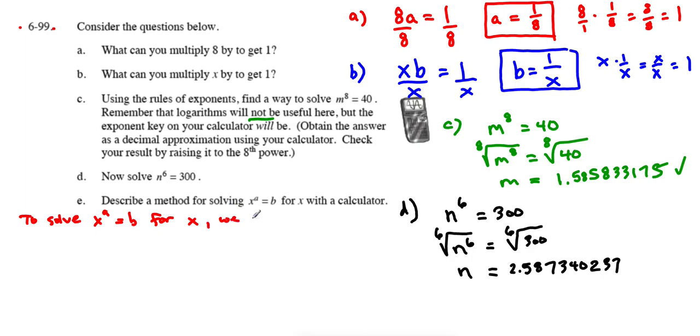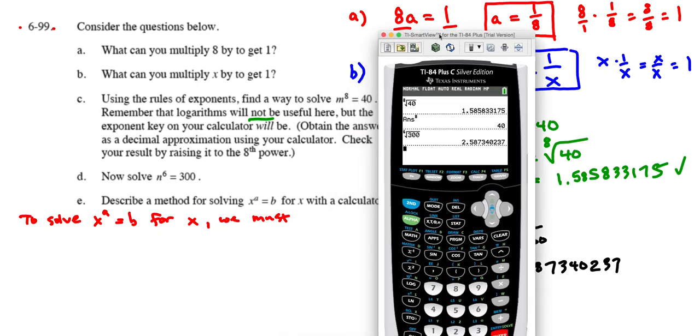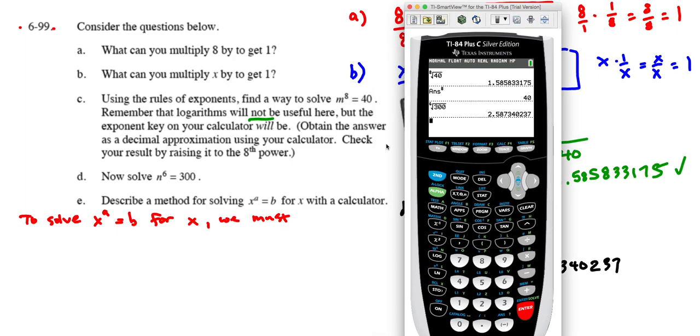and then we're going to look at our calculator. Let's pull that out here. So we've just done this twice. In order to get x by itself here, let's say that we must isolate x by taking the, I'm going to call it the ath root.